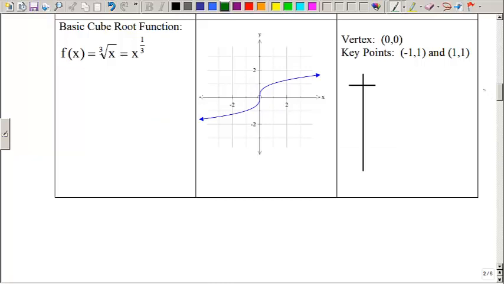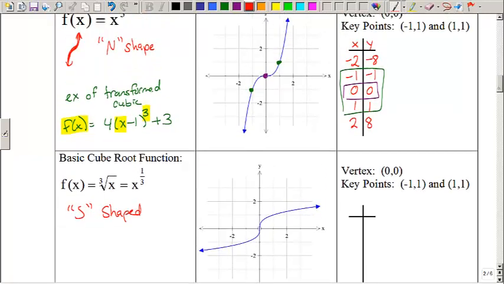Our last basic function that we're going to be talking about today is the cube root function. The cube root function is what we might call S-shaped. Notice that the cube root and the cube function are basically the same values except one's laying on its side, so that means that the x and y values are actually interchanged.